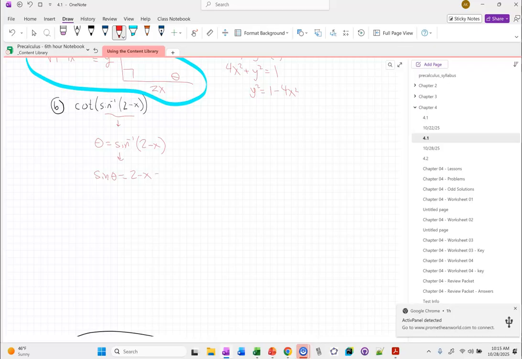And we're going to use that to build a right triangle because I know that sine is opposite over hypotenuse. Everybody like what I've done so far?